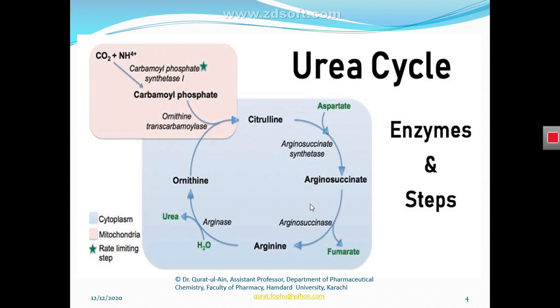So this was about the urea cycle, how unique this cycle is, and how nature creates different biochemical reactions in our body, so that we are harmed to the lesser extent.